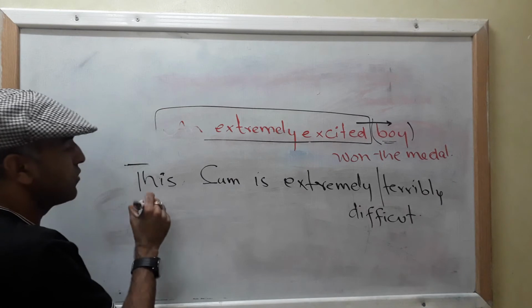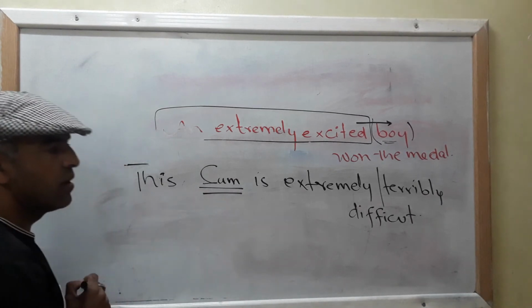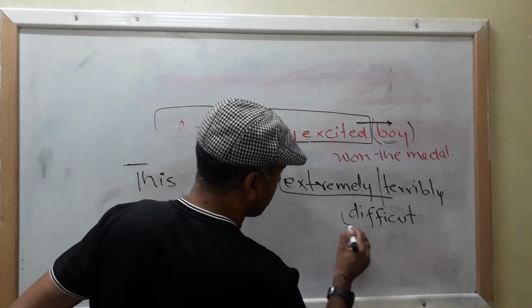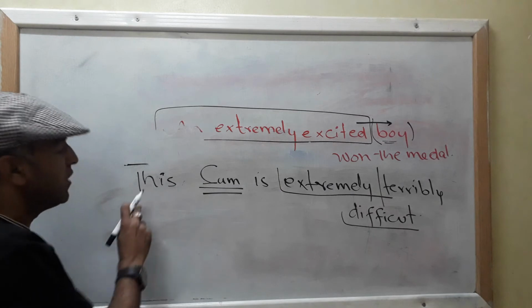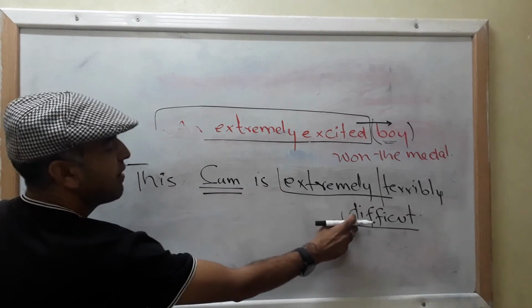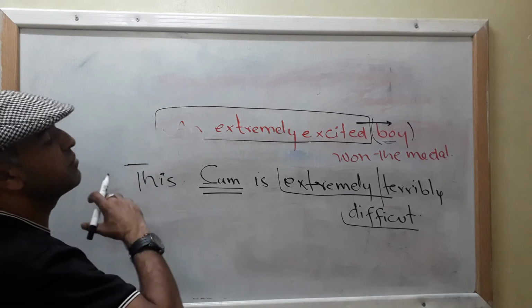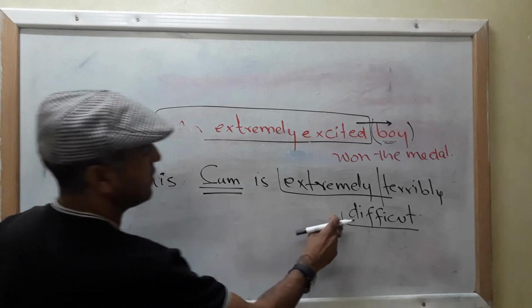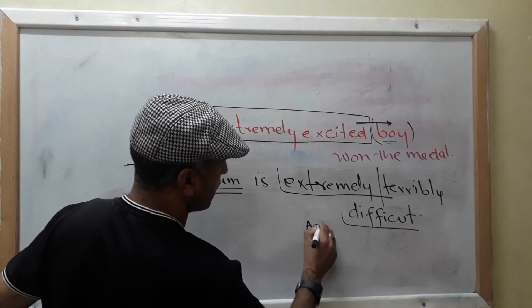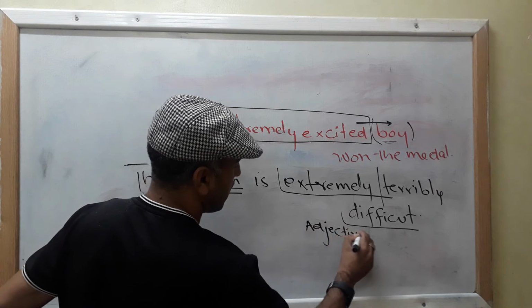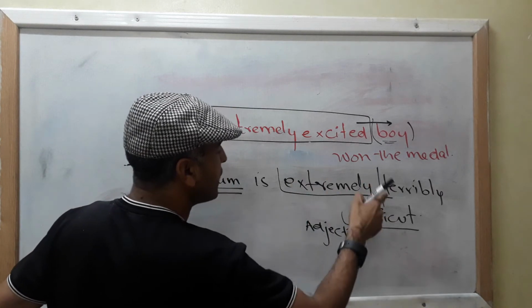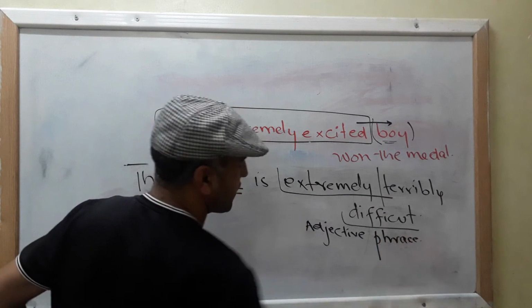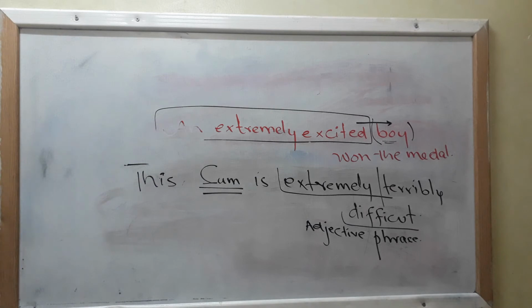Now, in "this sum is extremely difficult," extremely difficult or terribly difficult is your adjective phrase. If I write "this sum is difficult," no, this is just an adjective. If I write "this sum is extremely difficult," it means that it is a group of words functioning as an adjective in a sentence. So this is your adjective phrase, because this is a group of words functioning as an adjective in a sentence. That is called an adjective phrase.